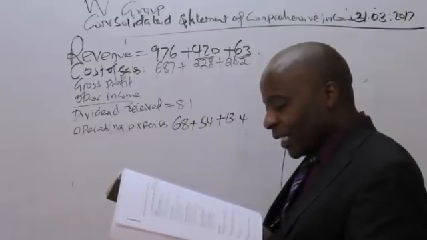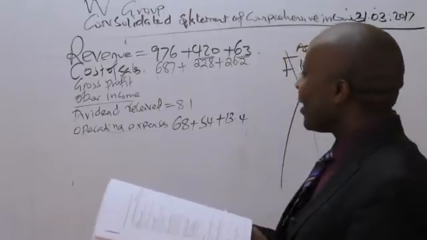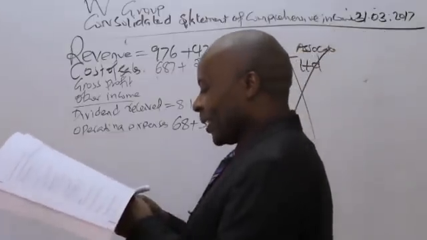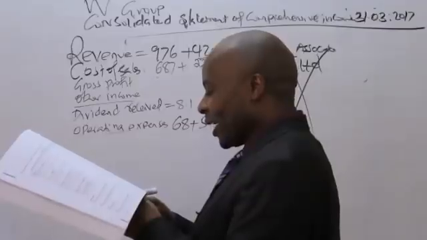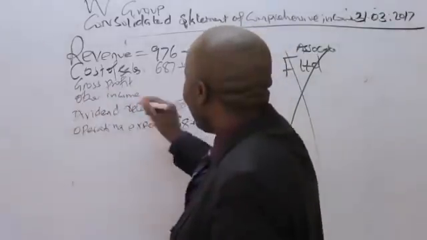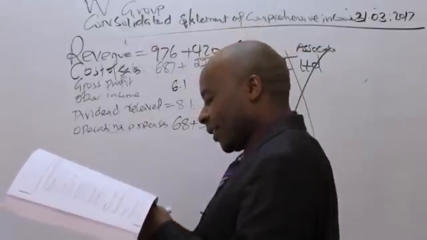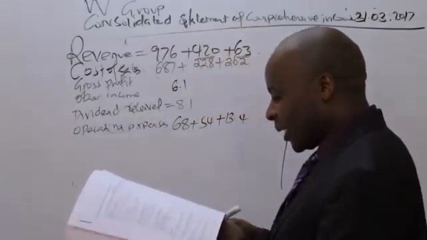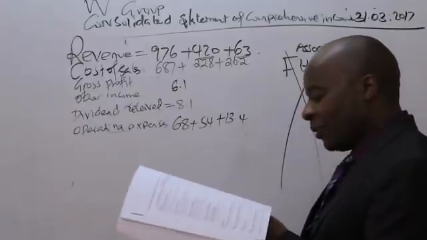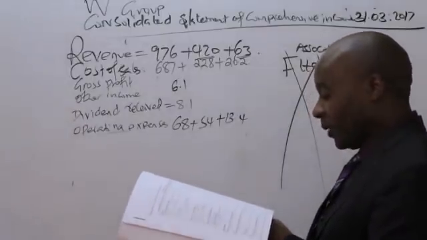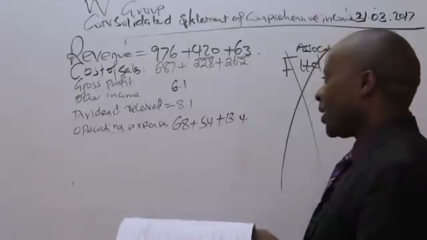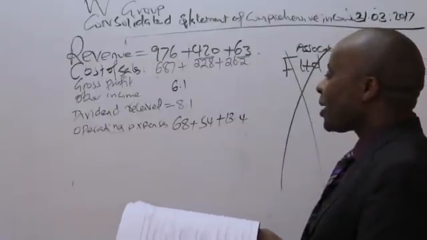And then we have dividends received, 8.1. Right? So I'm being told that the other income is 6.1, and then we have dividend received 8.1. In most cases, the dividend received will be falling under other incomes. Maybe typing error, but let's just go on with it. So we have operating expenses like that.